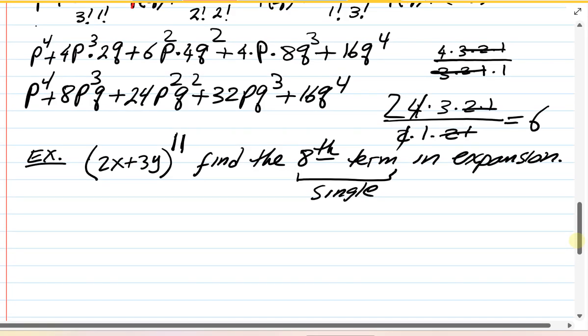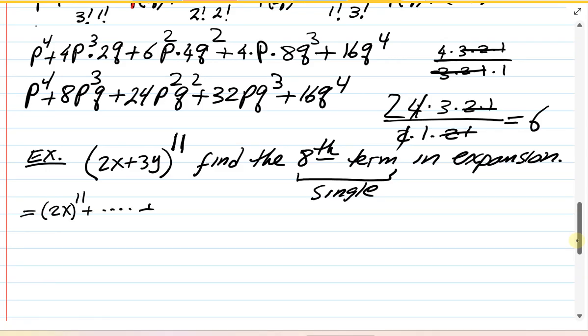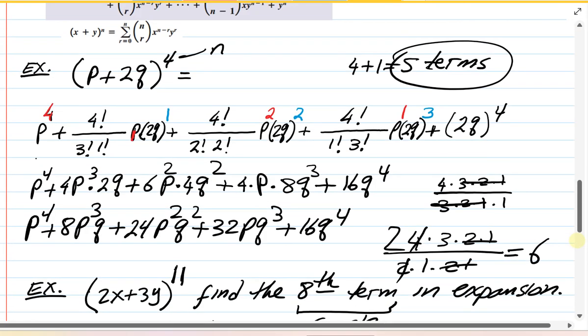And remember, aside from the first and the last, the first is going to be 2x to the 11th, the last 3y to the 11th. That we know. Every term in between, it's going to be 2x and 3y side by side, isn't it? Just like it was up here, side by side.